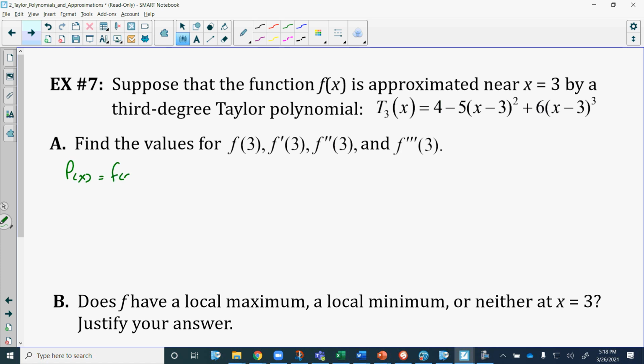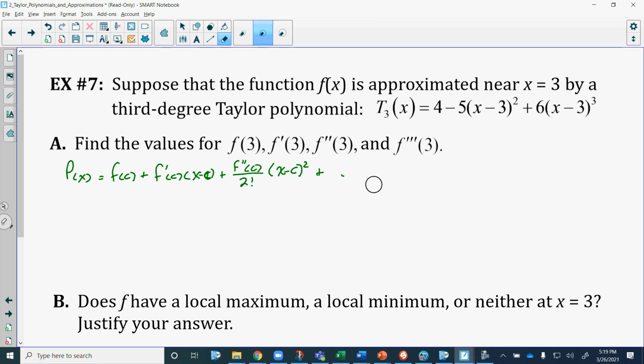We have f of c plus f prime of c times x minus c to the first power, plus f double prime of c over 2 factorial multiplied by x minus c squared, plus f triple prime of c over 3 factorial times x minus c quantity cubed. So that's as far as we need to go.